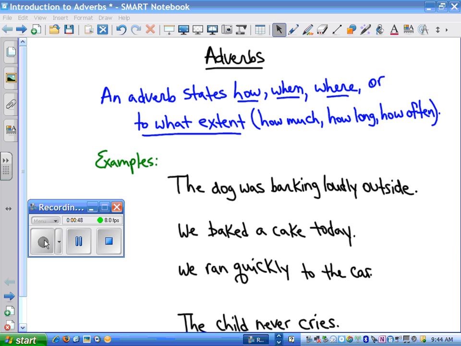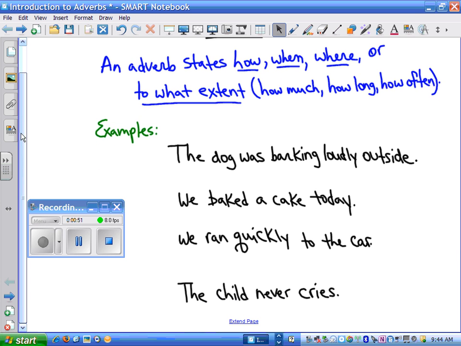And let's take a look at those examples. For the first one, I'll go through and also review some of the parts of speech we've talked about already. So, our first example, the dog was barking loudly outside. Let's start by thinking about our verb phrase.